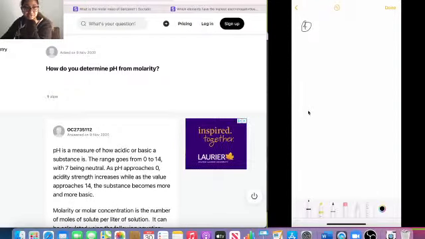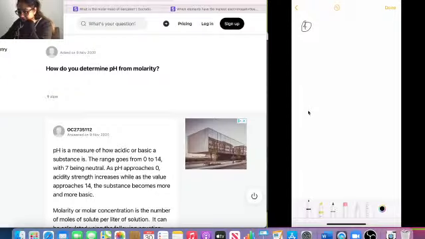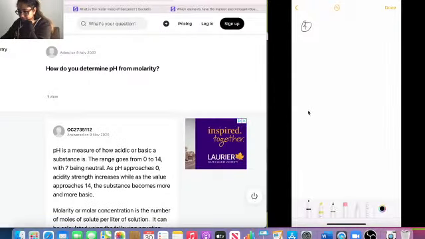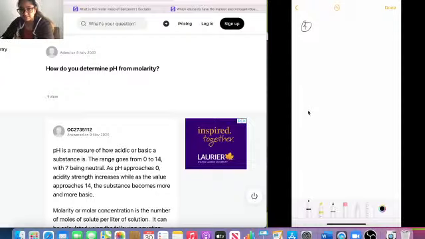Next question. How do you determine pH from molarity? Okay, so we just went over how pH is a measure of how acidic or basic a substance is. And the range goes from 0 to 14, 14 being the most basic, 0 being the most acidic, and 7 being neutral.